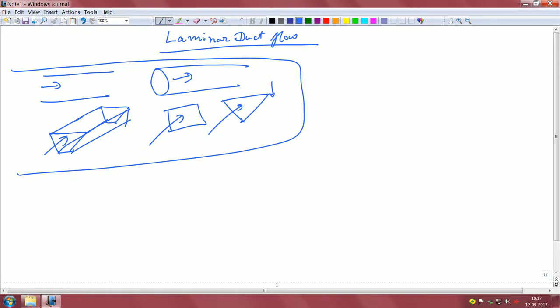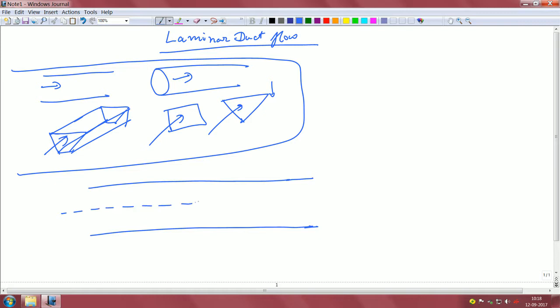In this particular case, we have two parallel plates, and there is a uniform flow u approaching the plates. The distance between the two plates is given by d, which is equivalent to the diameter.